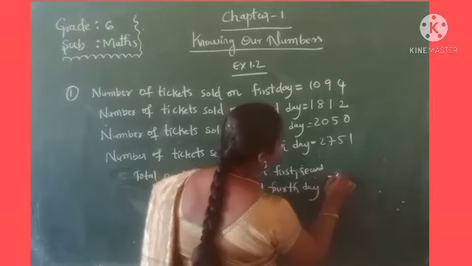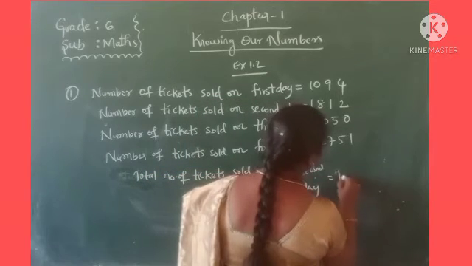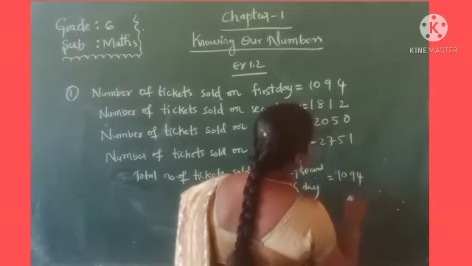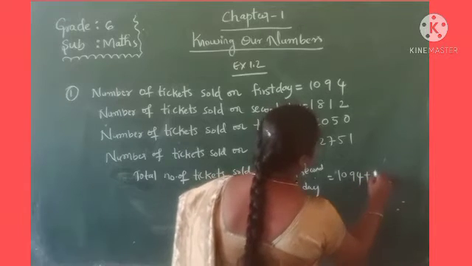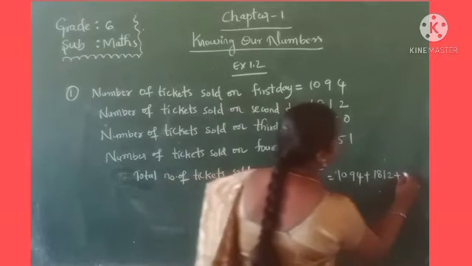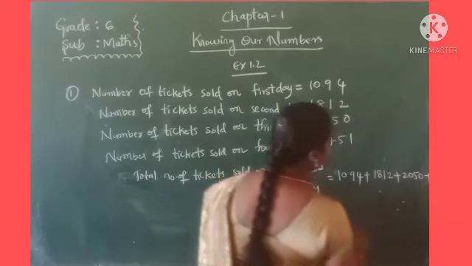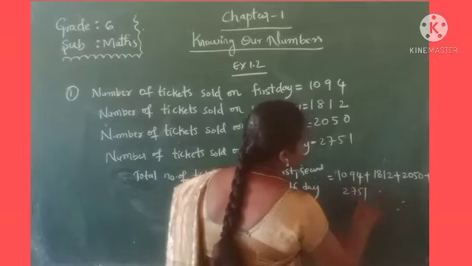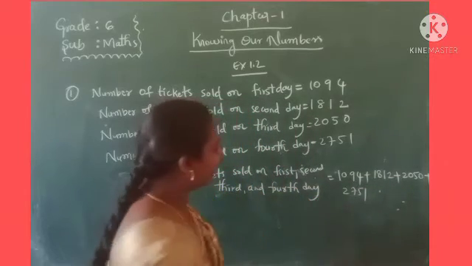How do we do the addition? That is 1094 plus 1812 plus 2050 plus 2751.